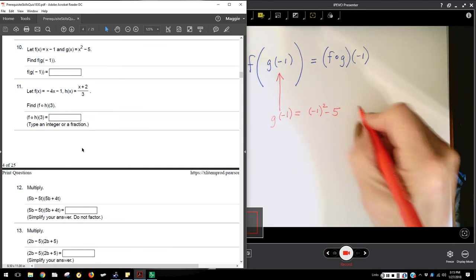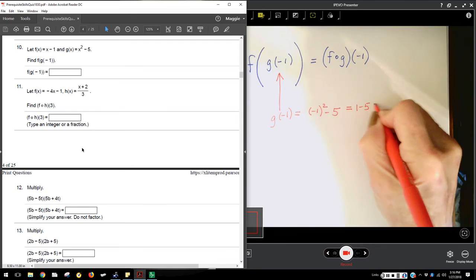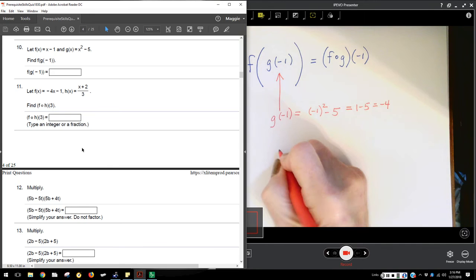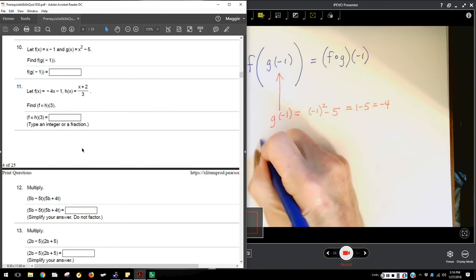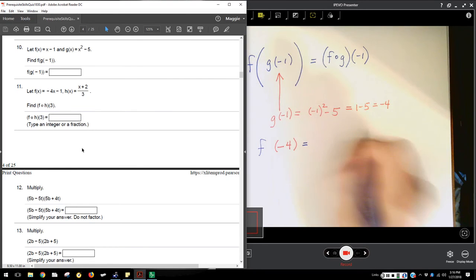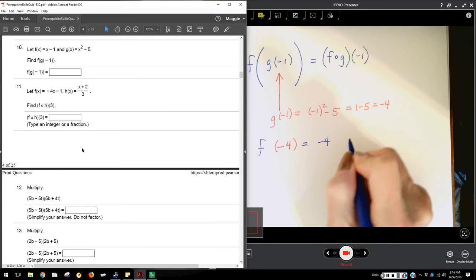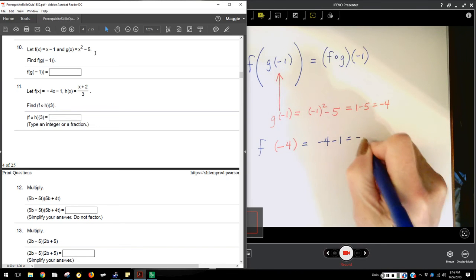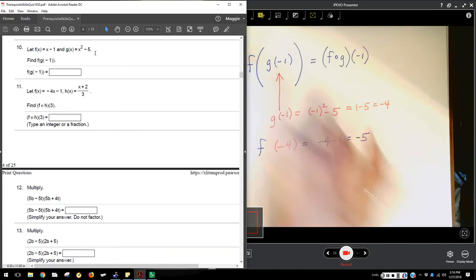So that means that g of -1 is equal to 1 minus 5, which is -4. So I'm going to take g's output, which is -4, and use it as the input for f. What f does is it takes x, which is -4, and subtracts 1 from it. So f of g of -1 then is equal to -5.